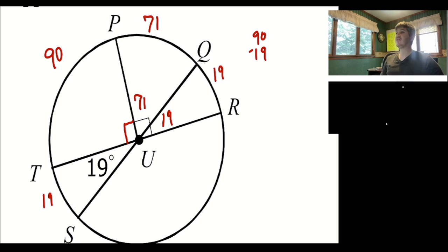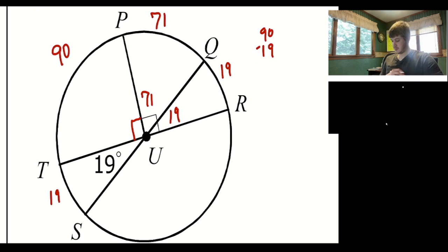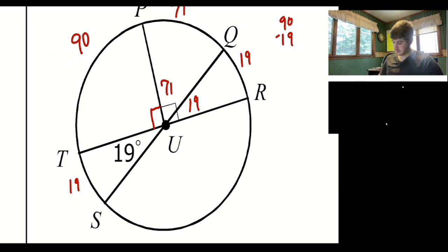And then we only have one angle left, which is angle U. Let's see, is angle U vertical to anything? No, it's not. It looks like it's just a linear pair. I would use these two angles right here. You have that nice linear pair, especially right across that diameter.